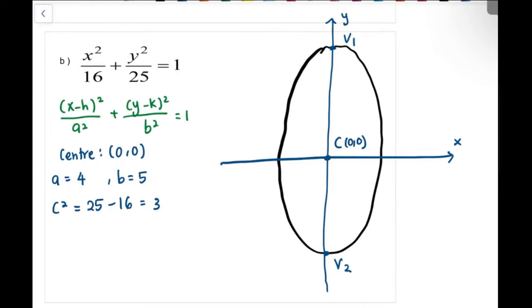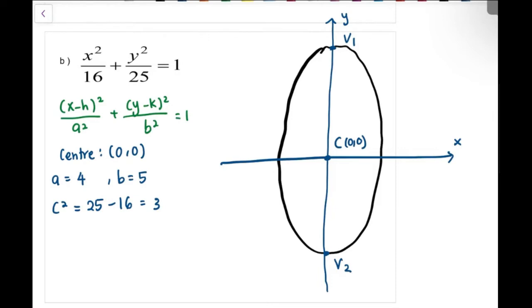Dia jarak tu kat B sebab B yang lagi panjang. Itu yang akan jadi major sekarang. So remember our distance is B. B is now 5. Sorry, saya yang buat salah. Okay. So our distance from center to V1 is 5.